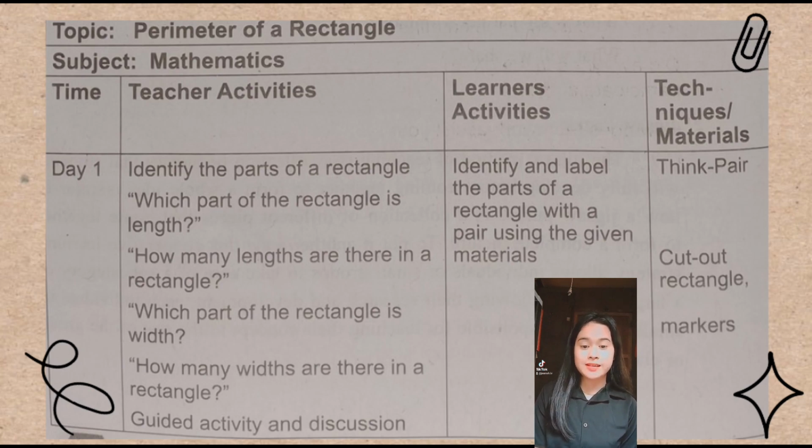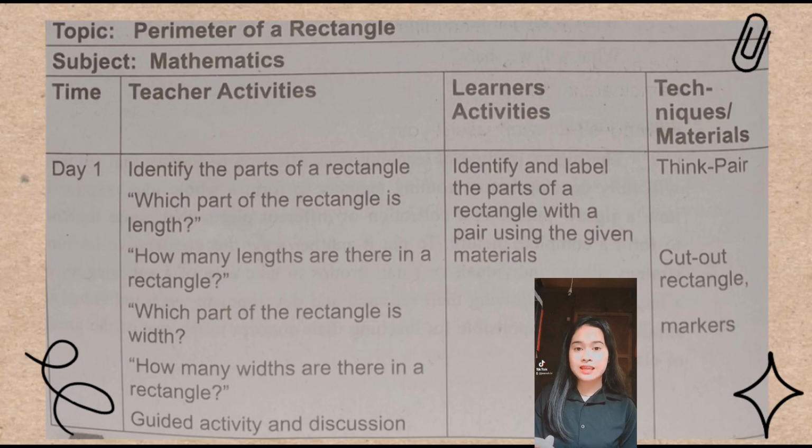The attached picture is an example activity in small mixed activity group. So the topic is perimeter of a rectangle. The subject is mathematics, of course. The first column is the time, the first row rather, time and day 1, then teacher's activities, learner's activities, and techniques or materials used.